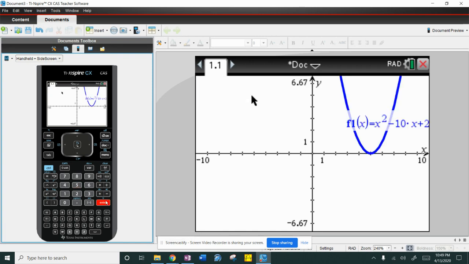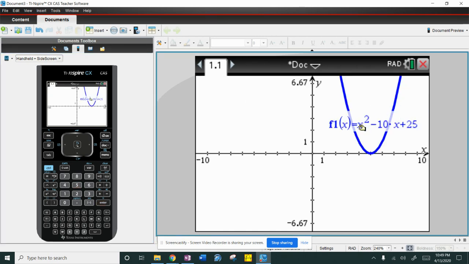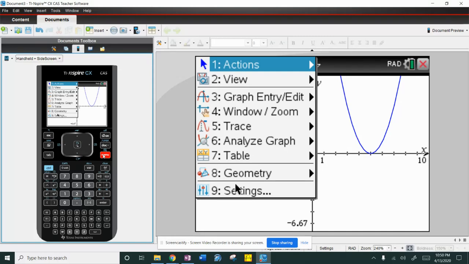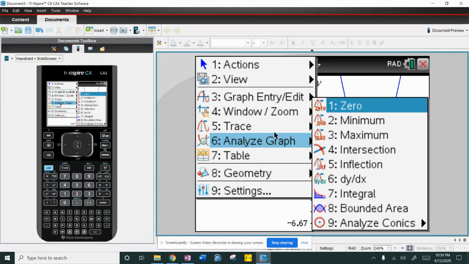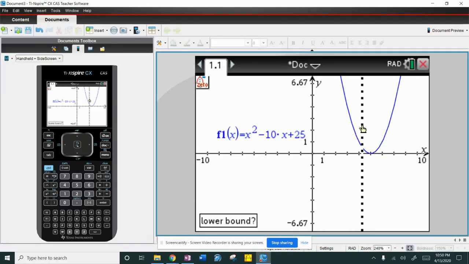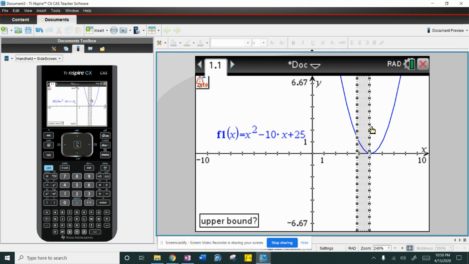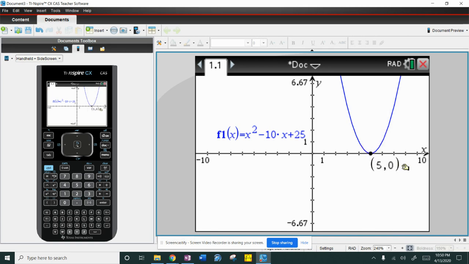I graph it, and look at what we have this time. As our graph comes down, it only hits the x-axis once. If I do Menu, Analyze Graph, Zero, go to the left of it, click, go to the right, I get one place it crosses the x-axis, just one.